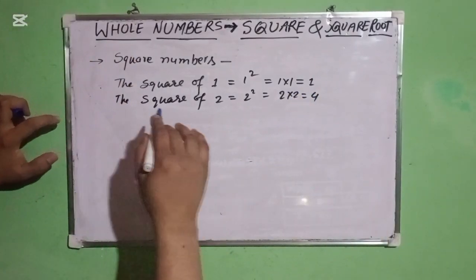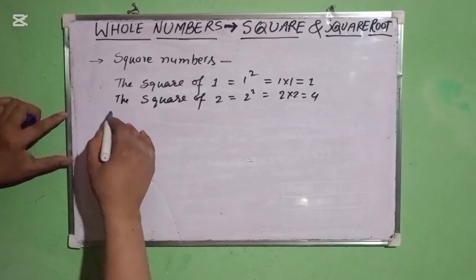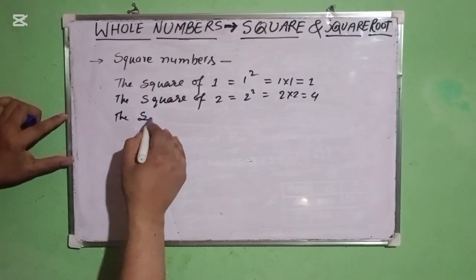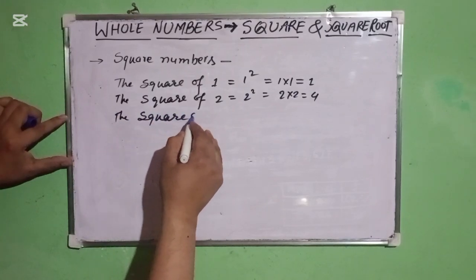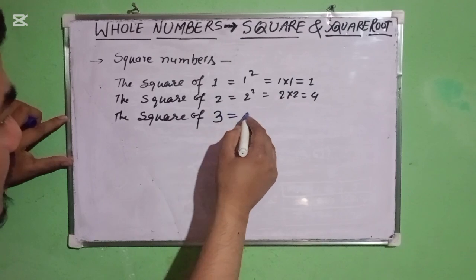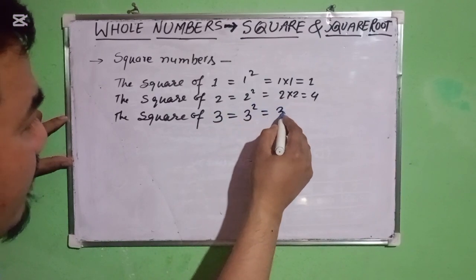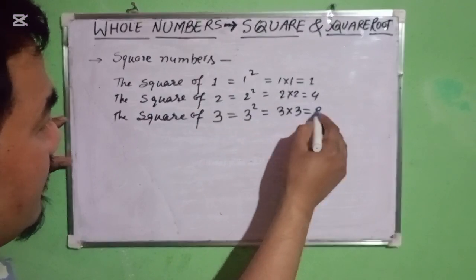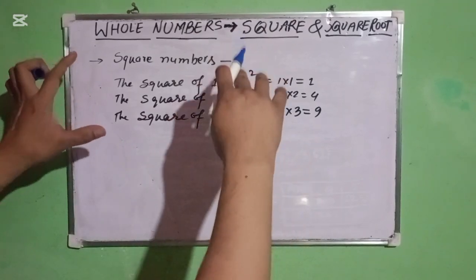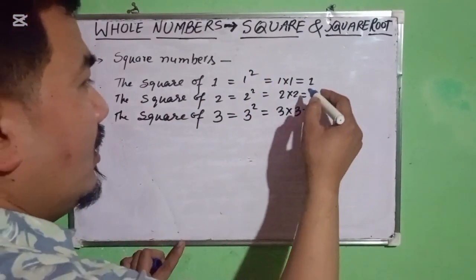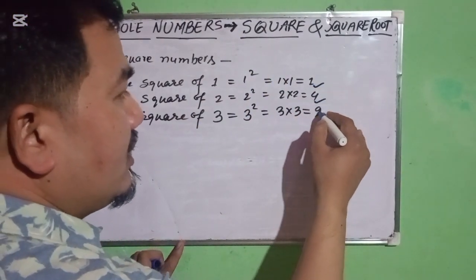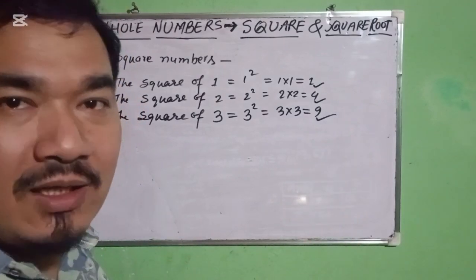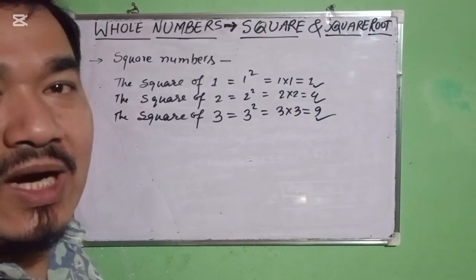And similarly, we can find other numbers also. The square of 3 equals 3 square. Then 3 into 3 equals 9, okay? Like this, if you find the numbers, these obtained numbers are called square numbers, okay?